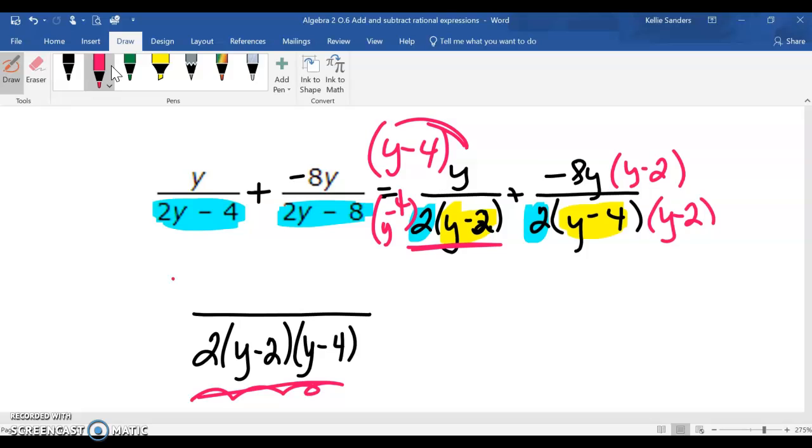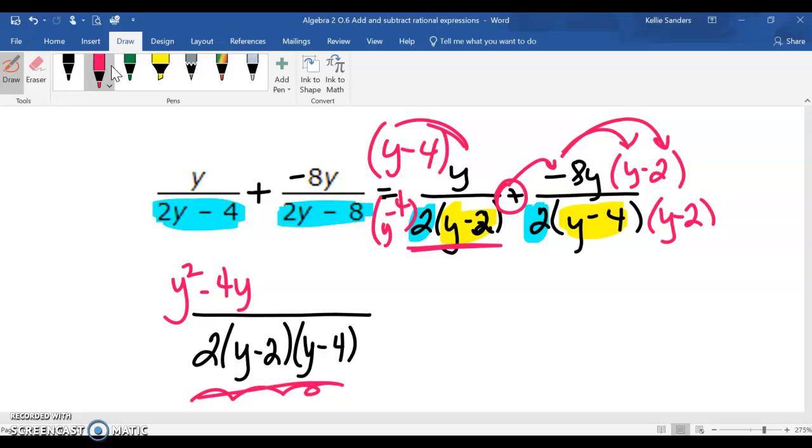We have to distribute and get y squared minus 4y. And this is why we did this right here, because some of you, a lot of you, most of you, would have forgotten that that would be negative. And you would have put the negative with this, but you wouldn't have with that. And so negative 8y times y would be negative 8y squared.